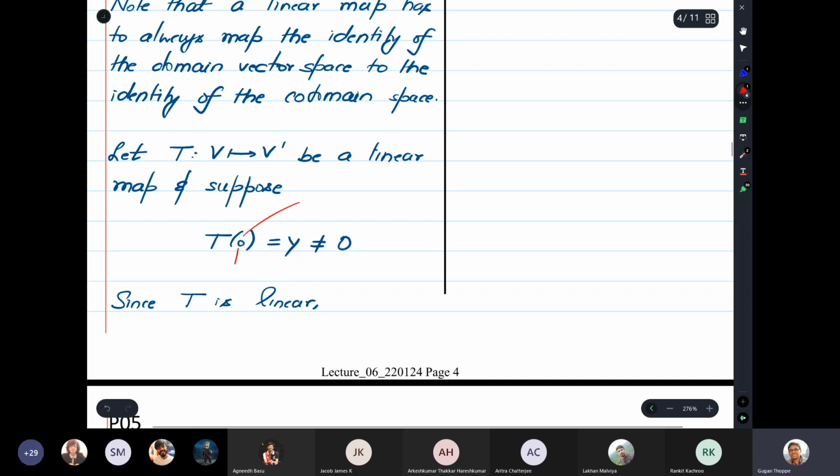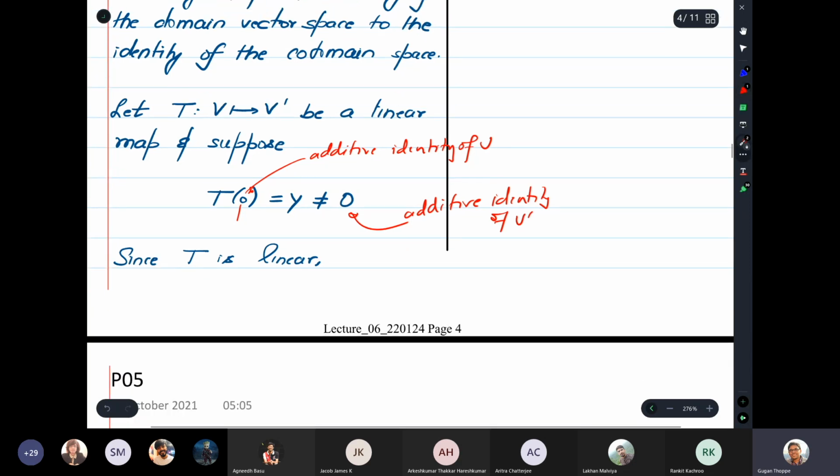This 0 is the additive identity of V, whereas this is the additive identity of V prime, right?